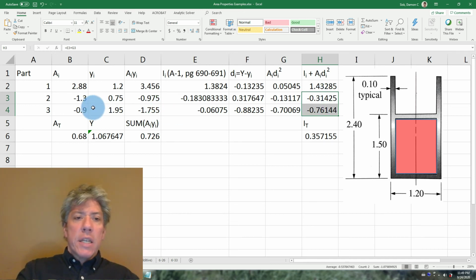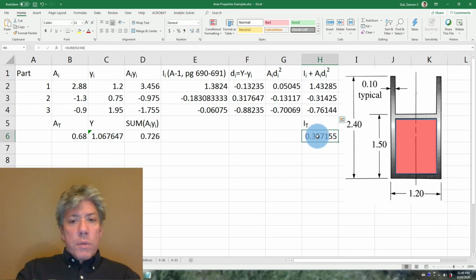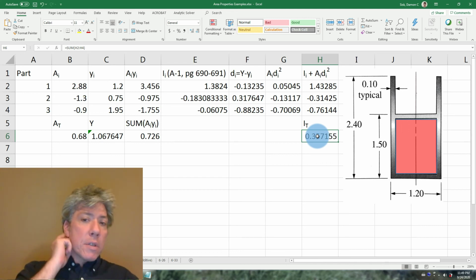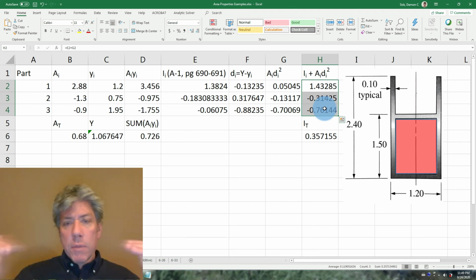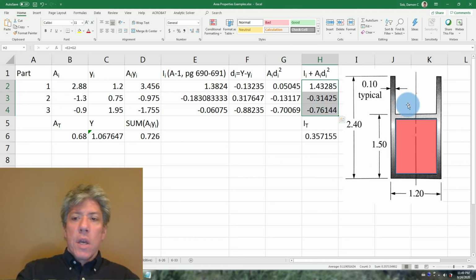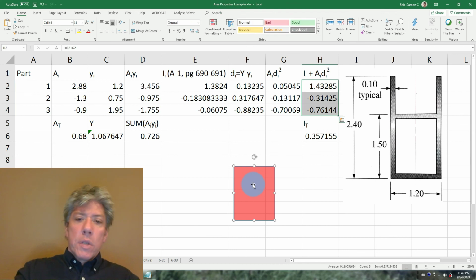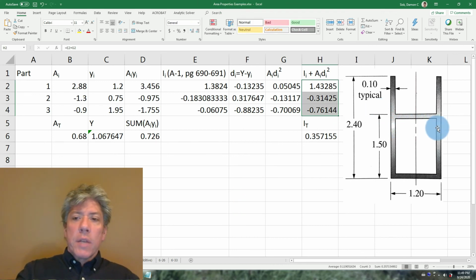As a matter of fact, anytime you have negative area, you should always have a negative inertia regardless of what axis it's referenced to. So just as before, the total second moment of area is just the sum of the second moments of area of all of these, because they're all referenced to the same centroidal horizontal axis going through the centroid of the combined shape.